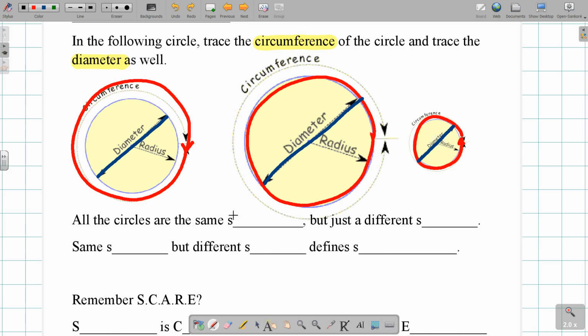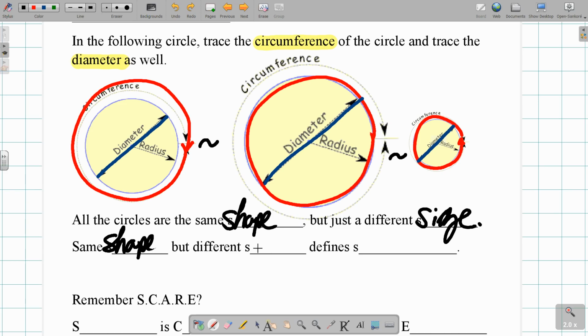All circles have the same shape, but a different size. Same shape, different size. That should ring a bell here, folks. And that defines the concept of similarity.